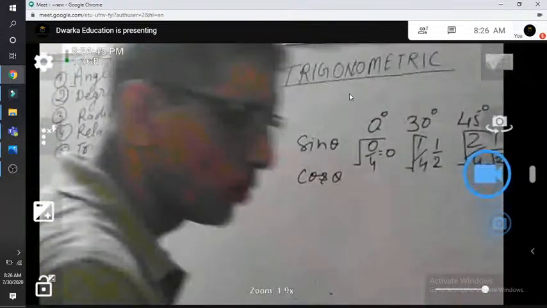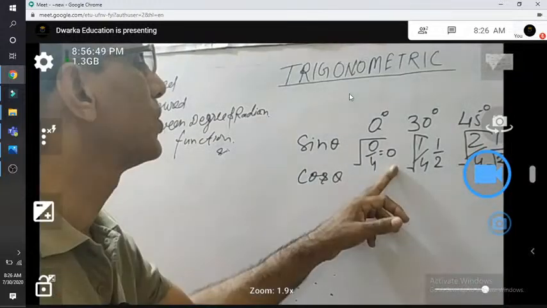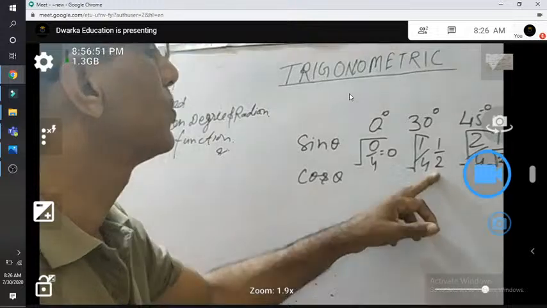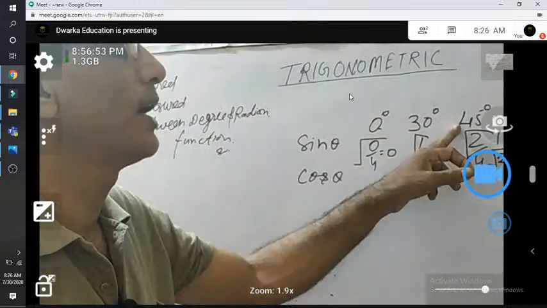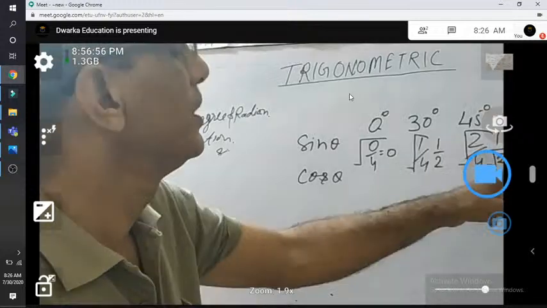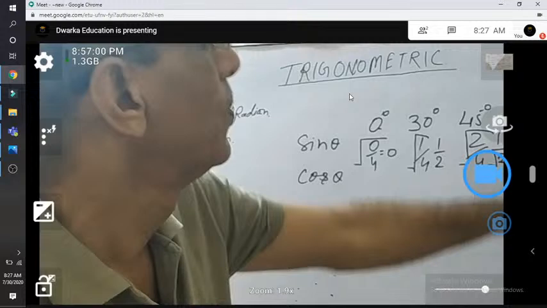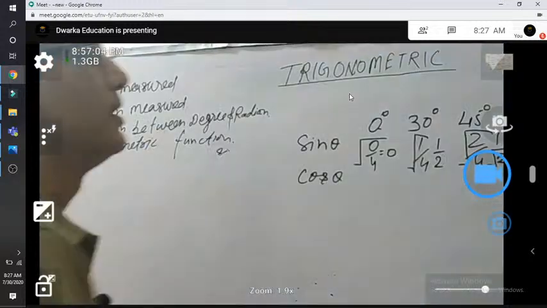So we find the value of sin 0 degree is equal to 0, sin 30 degree is 1 by 2, sin 45 degree is 1 by root 2, sin 60 degree is root 3 by 2, and sin 90 degree is equal to 1.